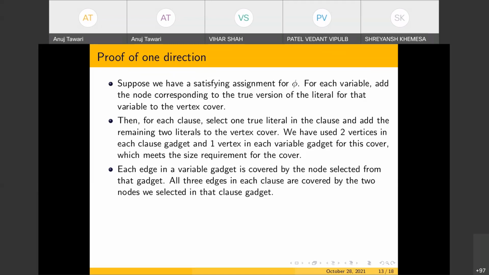Either x or x bar has to be true, y or y bar has to be true, or L1 or L1 bar has to be. So each edge in this variable gadget will be covered by the true node, and we have these triangles for each clause. So all three edges will be covered by the two nodes which were selected in that clause gadget. So the triangles are covered, the variable gadget is covered. Now the only thing is these edges which are going from triangle to variable.